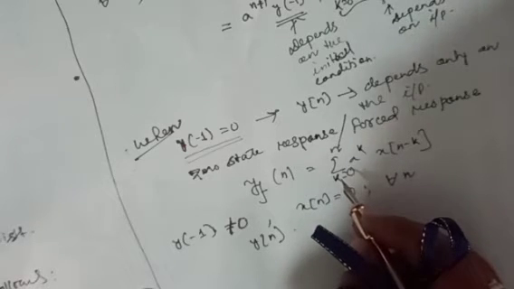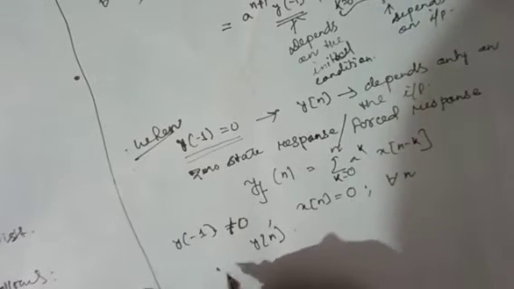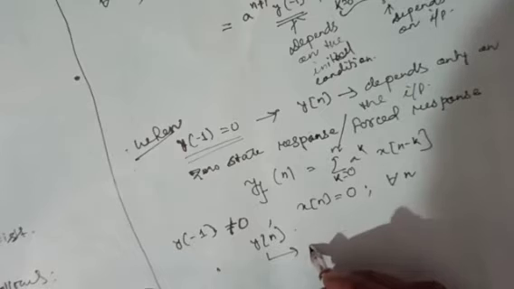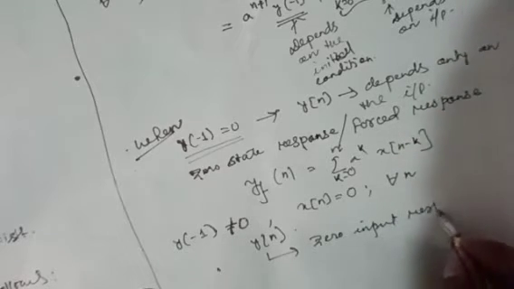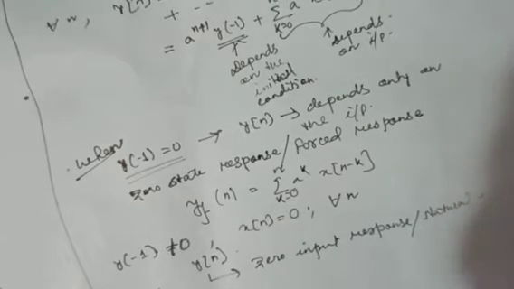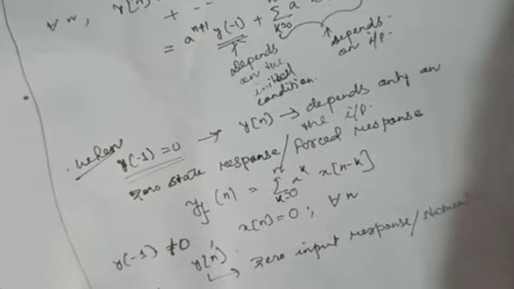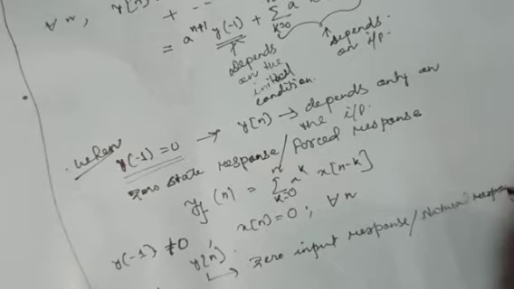Then the response of the system is called the zero input response, also called the natural response. Why natural response? Because you have not applied any input, so whatever response you are getting is natural.